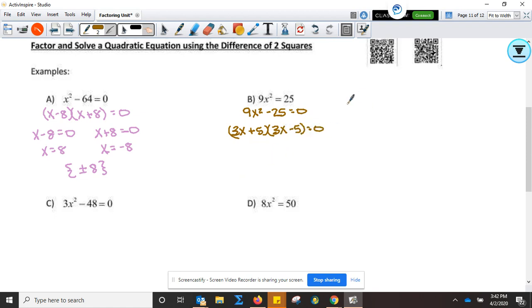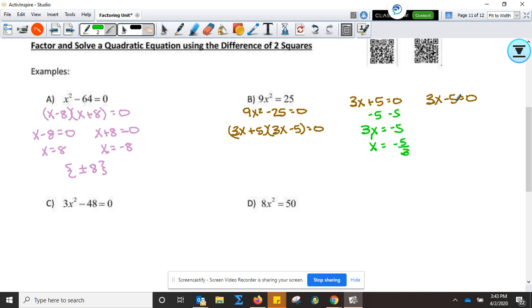All right. So solving each one of those, 3x plus 5 equals 0. 3x minus 5 equals 0. Solving each one of those, I just like to change colors a lot. Minus 5, 3x equals negative 5. X equals negative 5/3. Well, guess what this one's going to be?